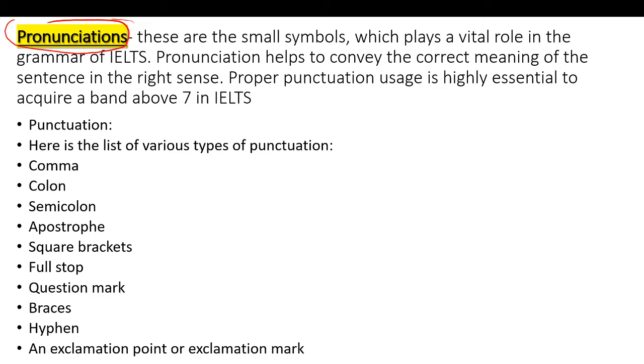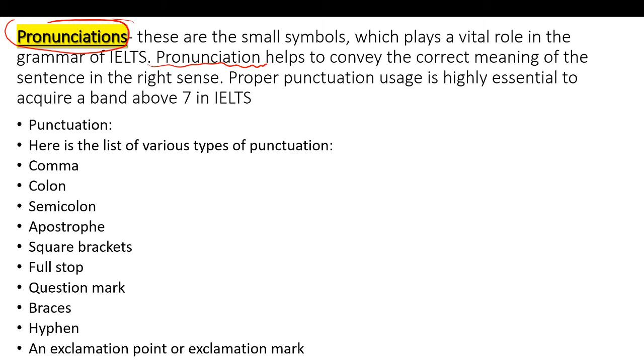Actually I was making another PPT for the speaking. Pronunciation plays a pivotal role in speaking, so it's also required in writing as well. That's for the punctuation marks, not for the pronunciation. Punctuation marks too are used for delivering your essay in a good manner.